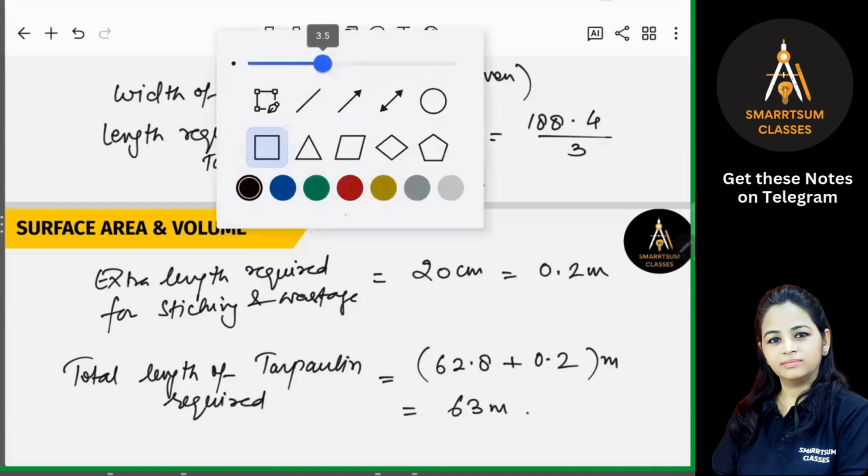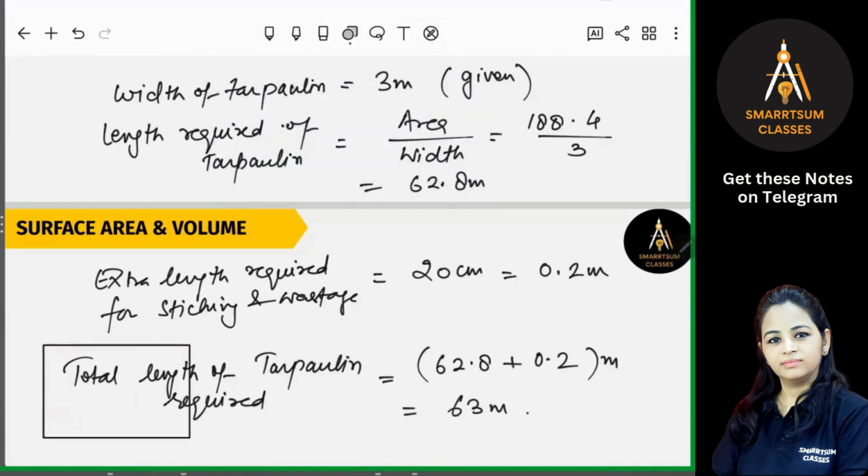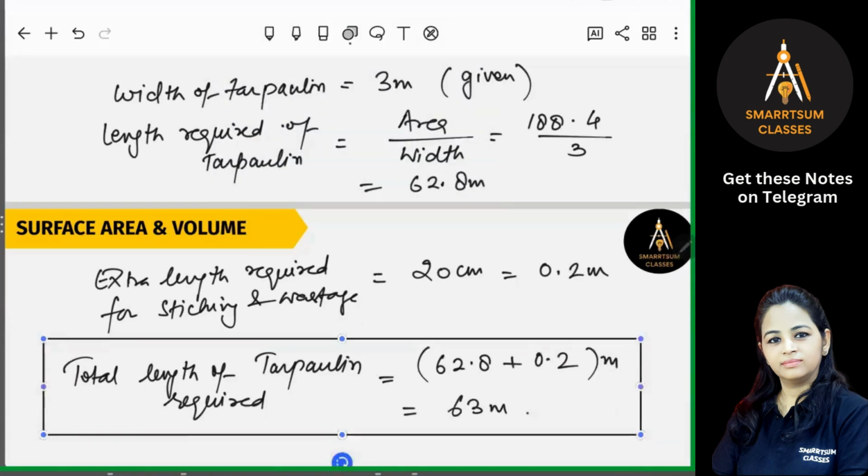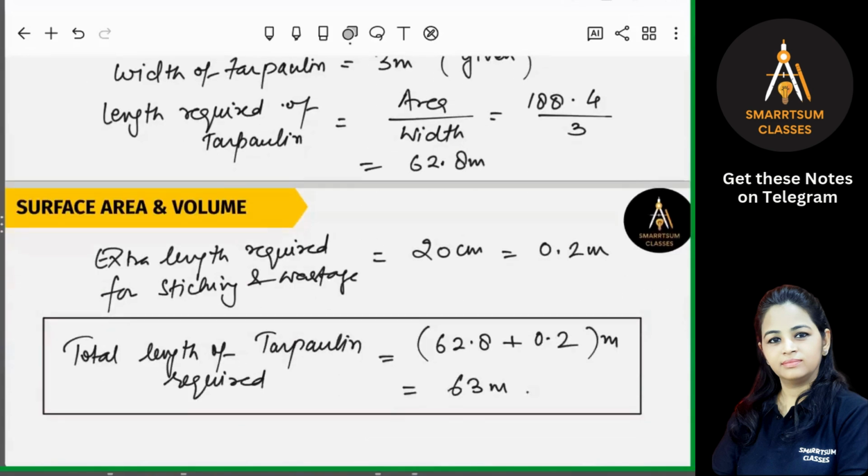So to make a conical tent with base radius 6 meter and height 8 meter, the total length of tarpaulin required is 63 meters, whose width is fixed, that is 3 meters.